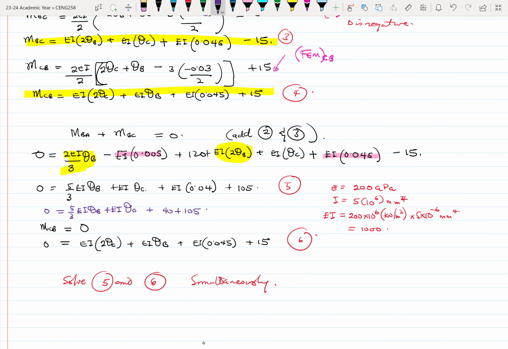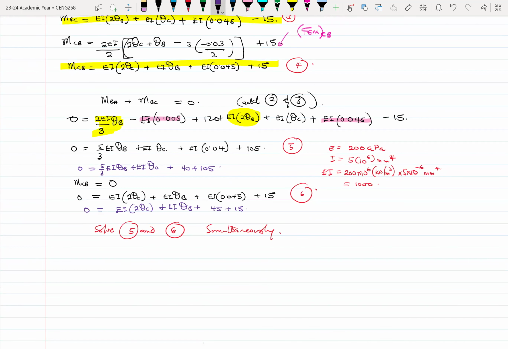Okay. Then here 0 is equal to EI 2 theta C plus EI theta B plus, in this case, we get what? 45 plus 15.